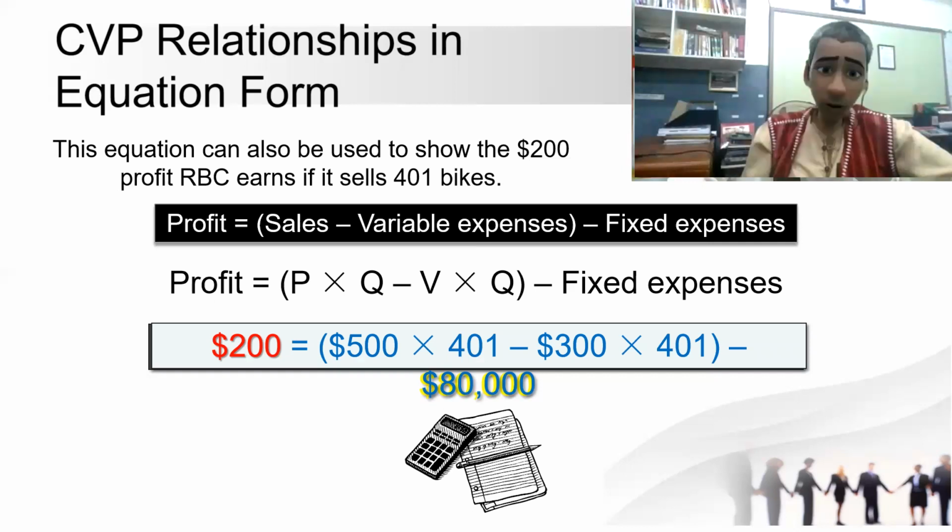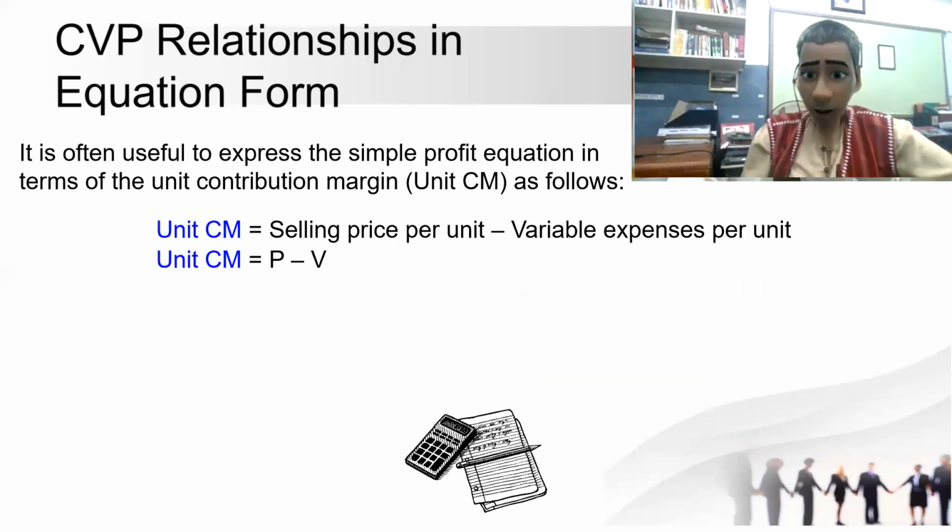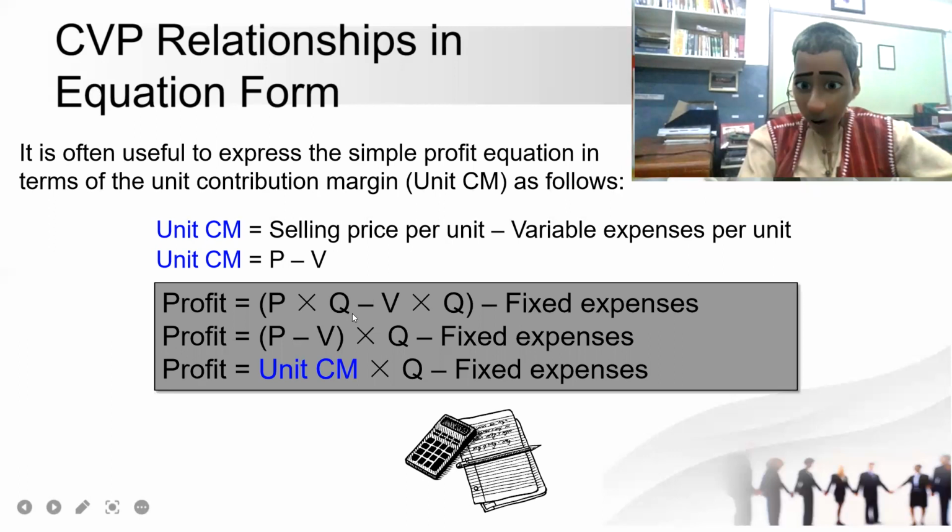It is often useful to express this simple profit equation in terms of unit contribution margin, not only the total, because unit contribution margin is equal to selling price per unit minus variable expenses per unit, P minus V. So if you factor out Q, P times Q minus V times Q, that is Q times P minus V. And P minus V is just equal to unit contribution margin.